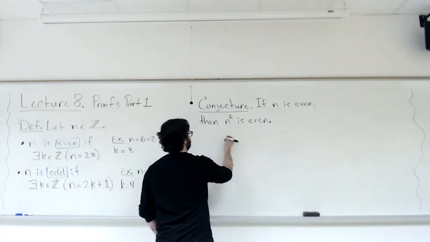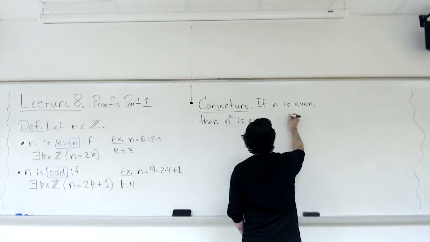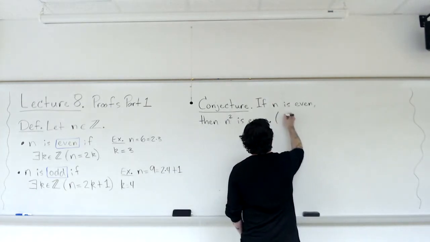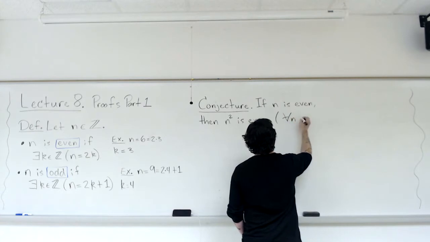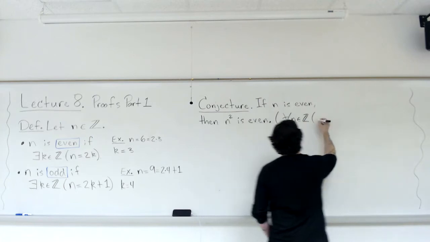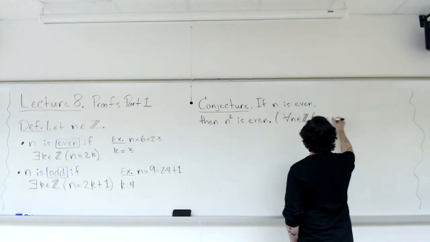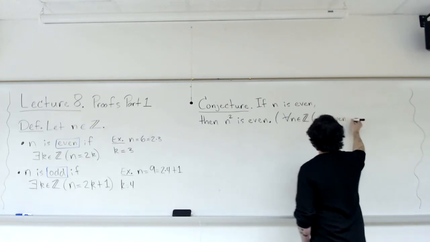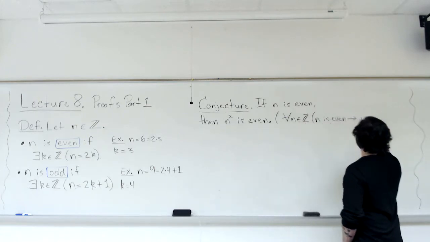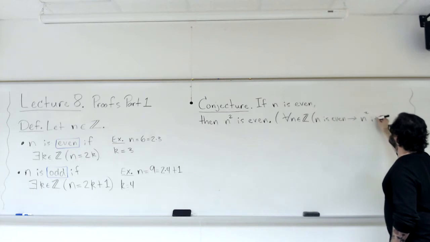This is equivalent to saying, for all n that are integers, if n is even, then n squared is even.